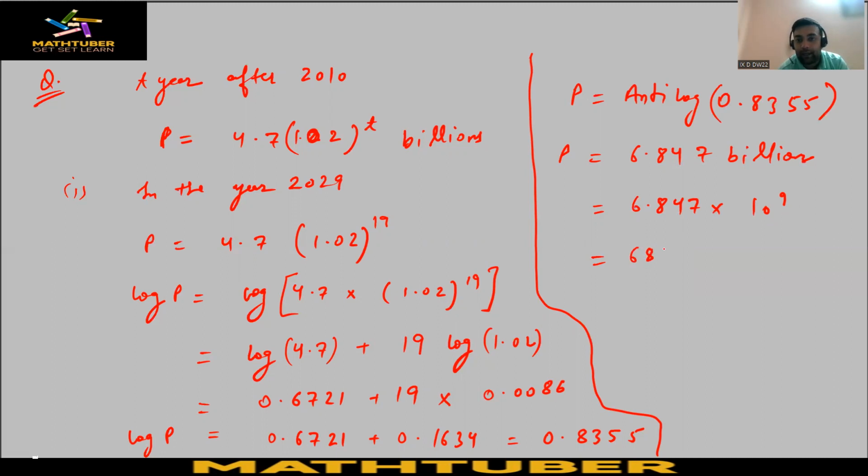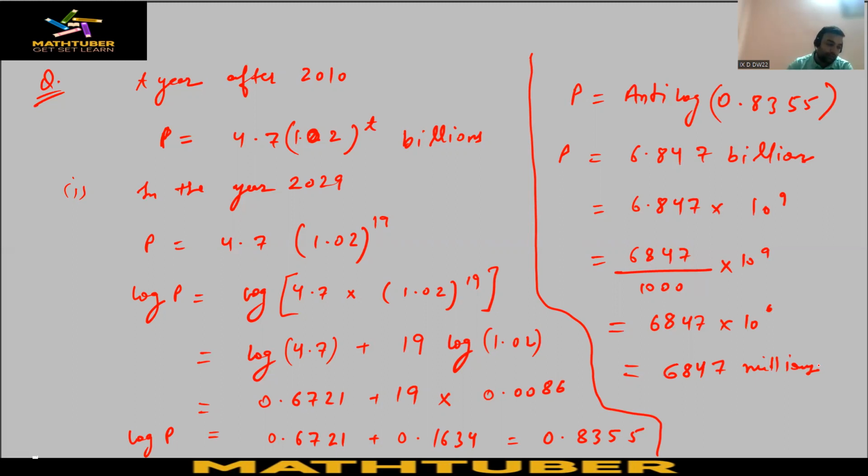So 6847 upon 1000 into 10 raised to power 9, it will become 6847 into 10 raised to power 6, which means 6847. Instead of 10 raised to power 6, we can write down millions here. So this will be the population in millions at the year 2029, right?